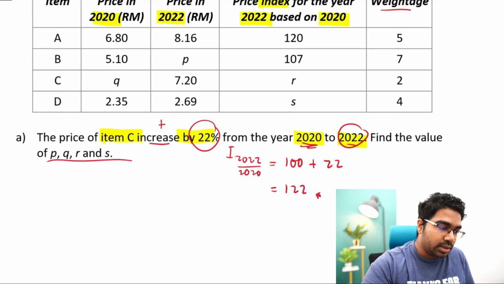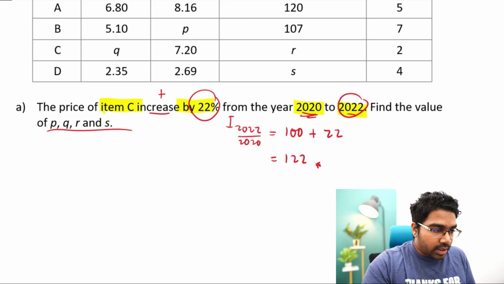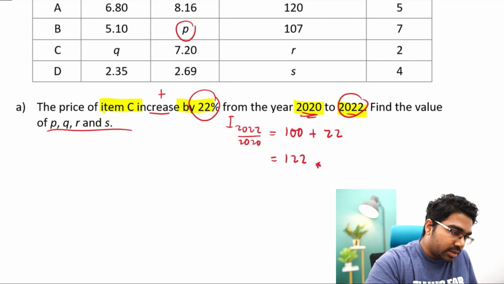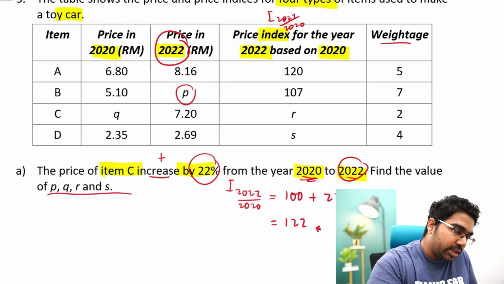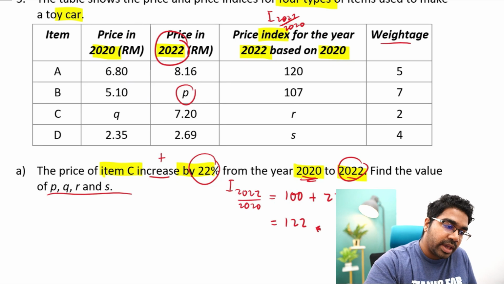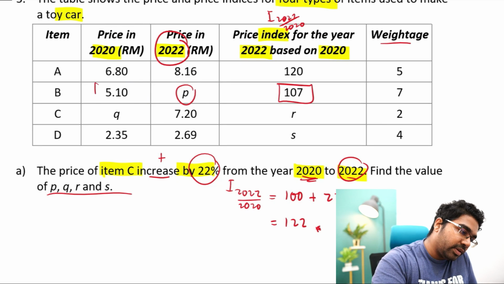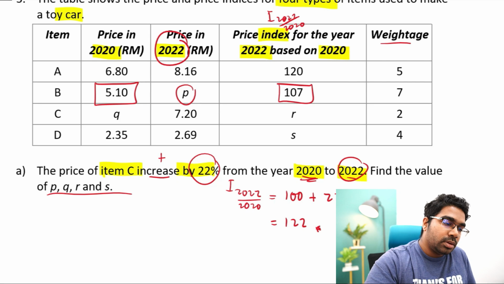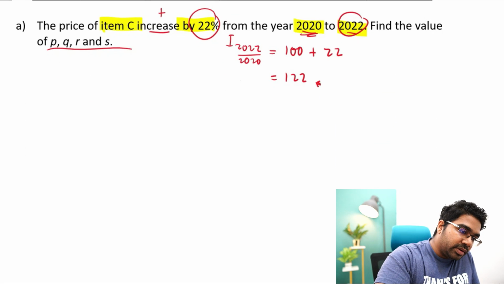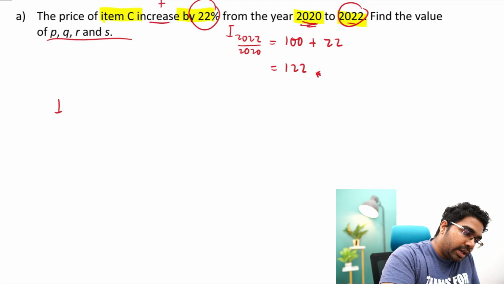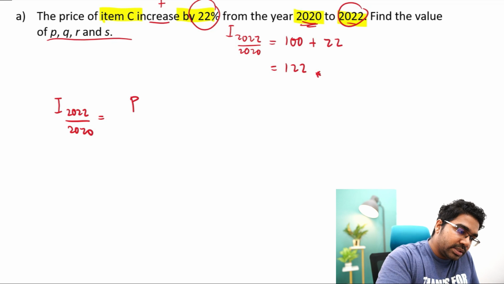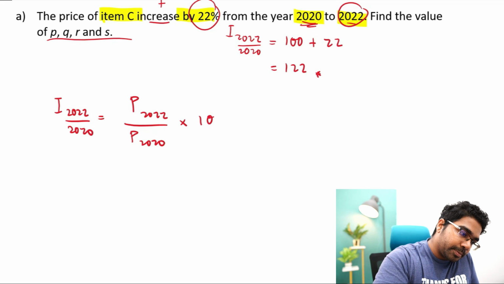Okay. So here, let's look at P first. So P is here. So P is a price in 2022. And what do we have? We have the index and we have the price in 2020. So we use the basic formula for index, that is the index for 2022 based on 2020 equals the price in 2022 over the price in 2020 multiplied by 100.